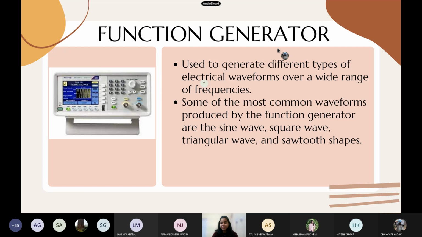Here we set the frequency we want using the buttons shown and also set what type of waveform we want according to the experiment. These knobs here are to connect it to circuits and buttons to set the digits of the frequency. There are various parts you can see here which you will learn once you explore it on your own. This is the display where we can see what frequency is set.